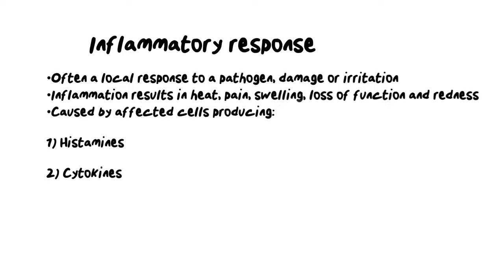The inflammatory response is a reaction of the body in response to a disease, damage, or irritation. The inflammation does result in heat of the affected area, pain, swelling, loss of function and redness, and it's caused by cells within the affected area producing two key chemicals, which we'll discuss in a bit, histamines and cytokines.